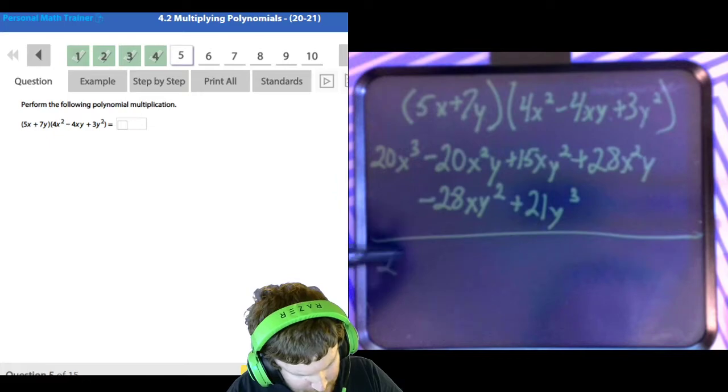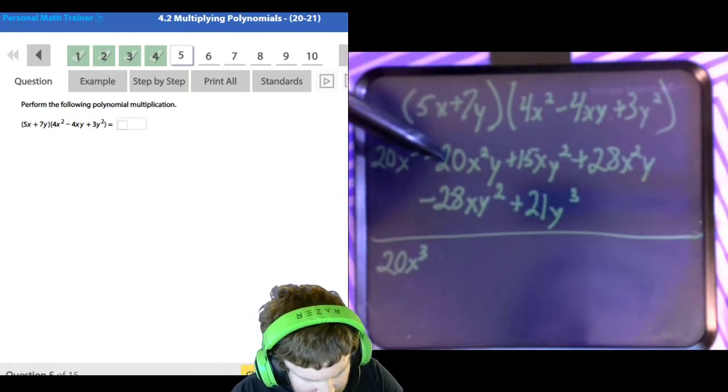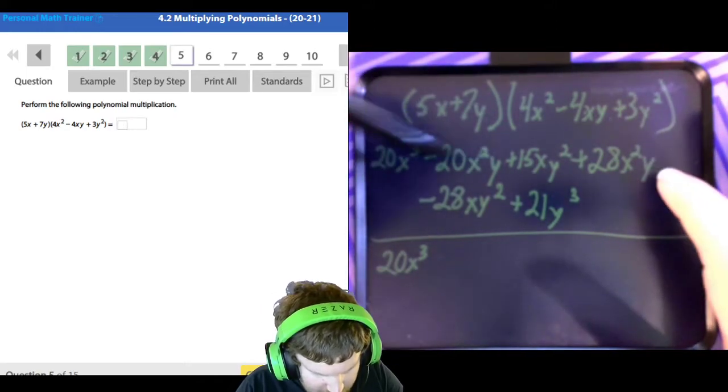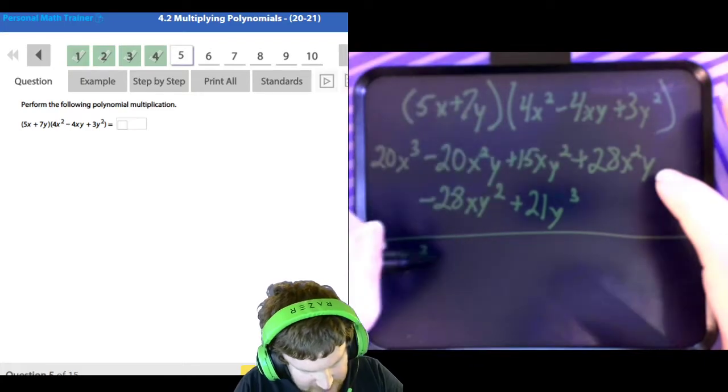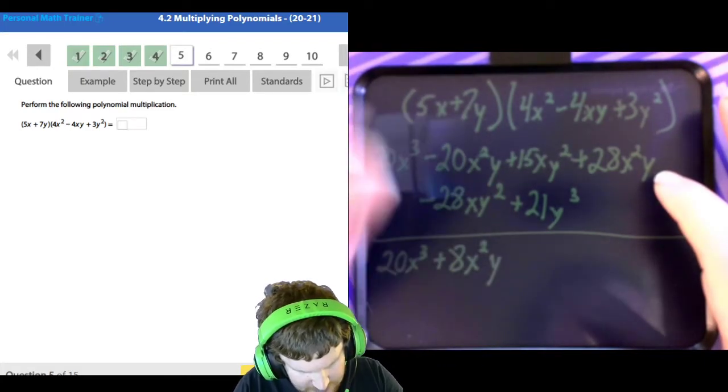So 20x cubed, and then I've got x squared y, negative 20 and 28, so it's plus 8x squared y.